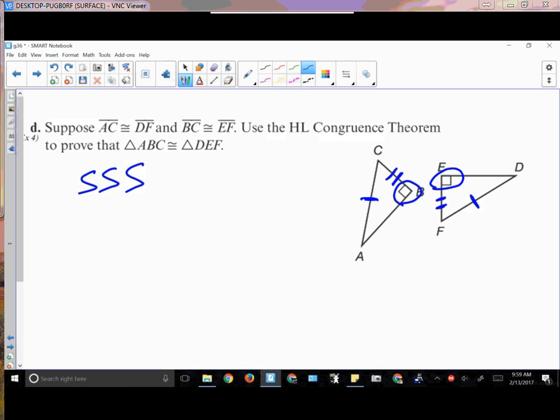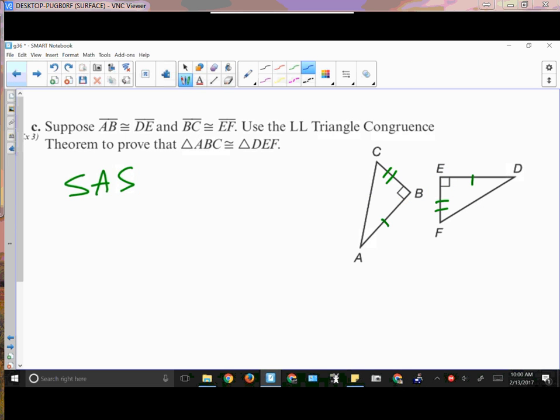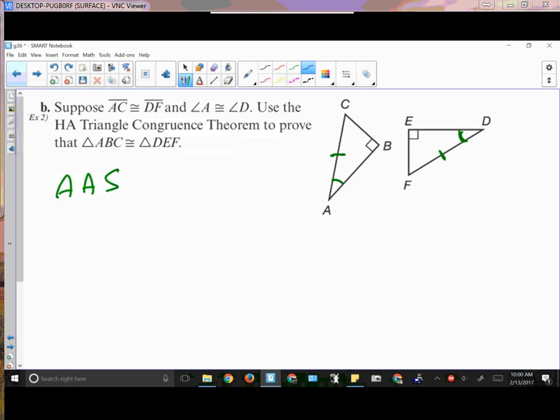Yes, ma'am. But that's the same. See, when we go through and do these, the order has to be the same. So side, angle, side. Side, angle, side. Doesn't matter. It worked. So if I take a look at this one, this is side, angle, angle, or angle, angle, side. Either way, it would work. But because we tend to put things in alphabetic order as much as we can, we go angle, angle, side.